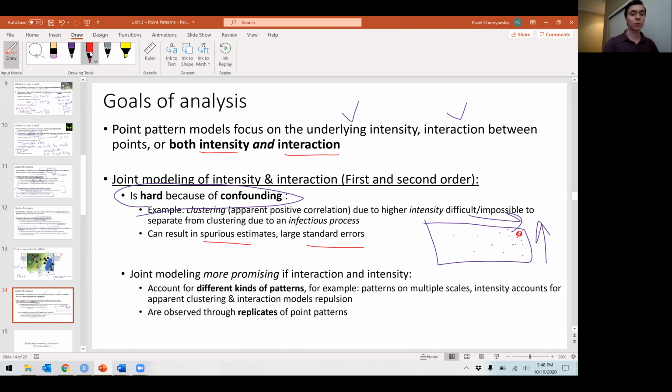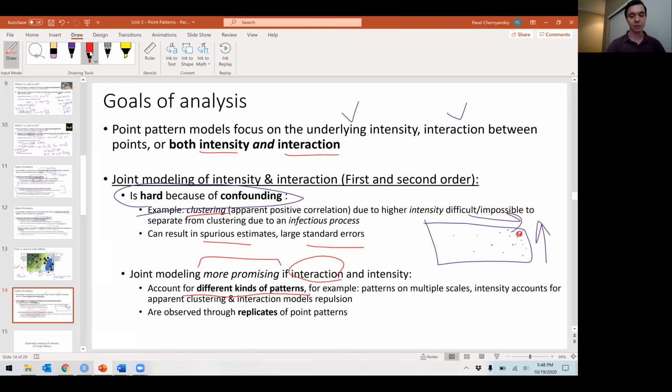Now, I think it's more promising, though of course it's very case specific, if you have different kinds of patterns. So for example, your first order effects are accounting for large scale environmental conditions, and your interactions are accounting for repulsion, so a negative correlation as opposed to a positive correlation.